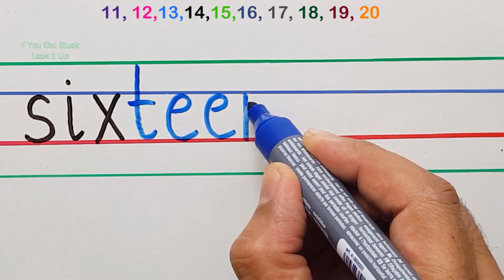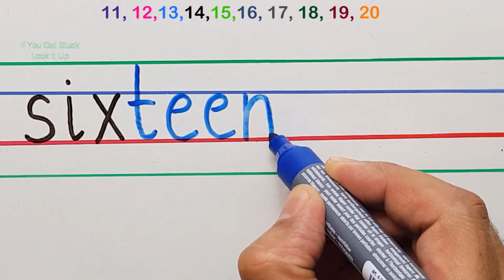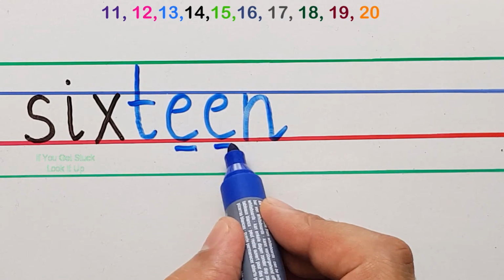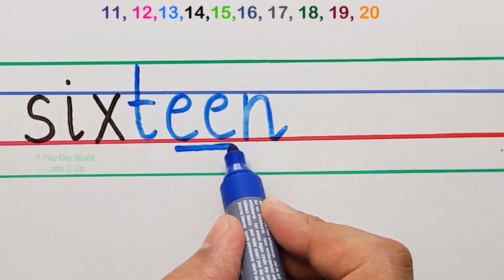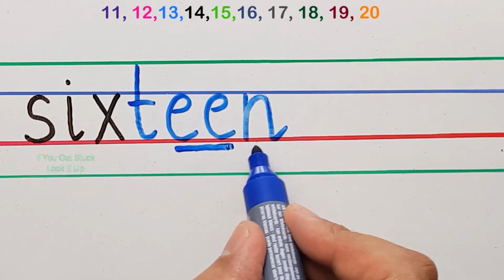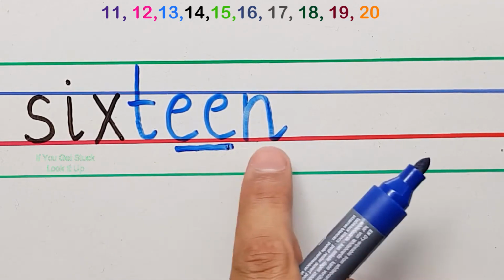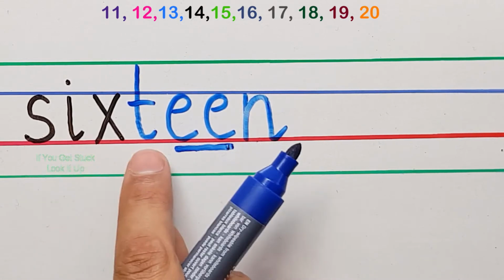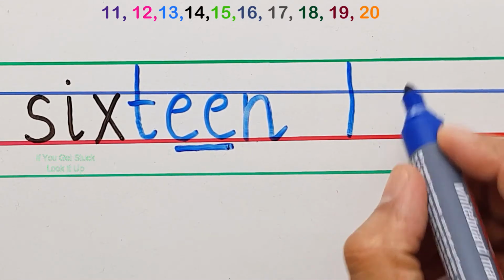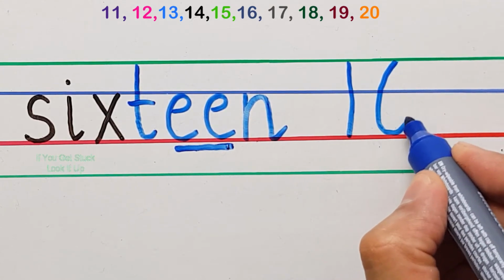As you get close towards the top, round it off, back to the bass line and flick. So again, we said E and E together give an E sound instead of an S sound. So E, and that's teen. So try to recognize this pattern, teen. 16. 1 and 6.